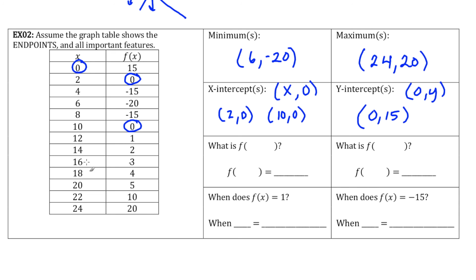Okay, so what is f of 16? F of 16 is 3. Let's do f of 24. F of 24 is 20. When does f of x equal 1? So when does y equal 1?